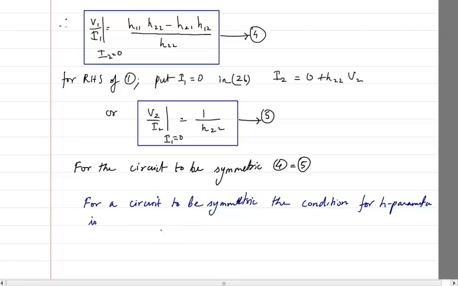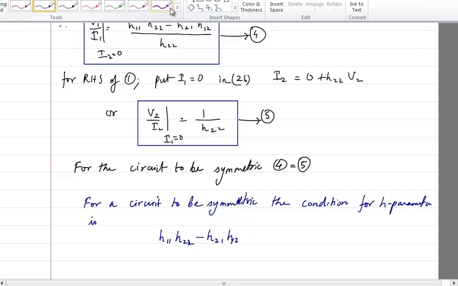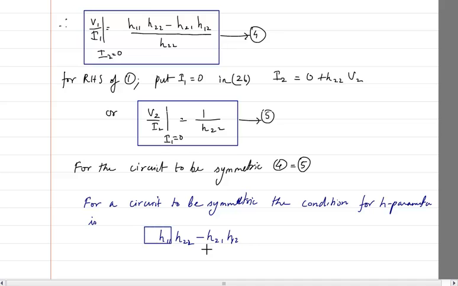So that is h11 h22 minus h21 h12, and that should be put in a box. Okay, now have a look here.